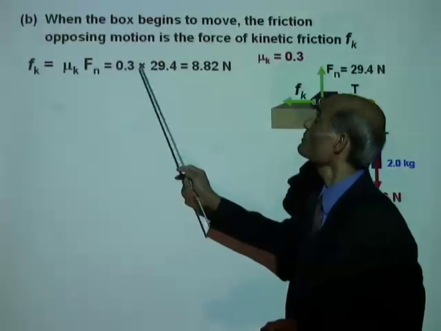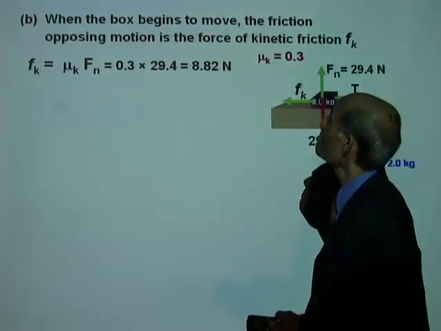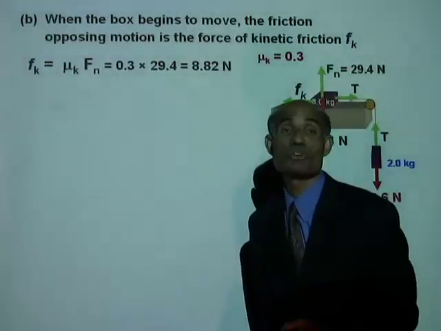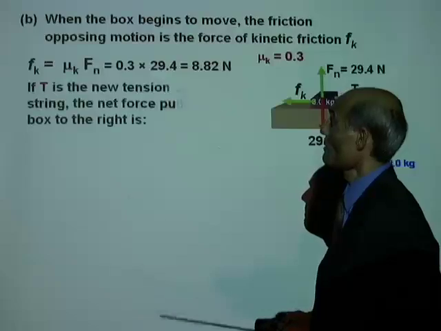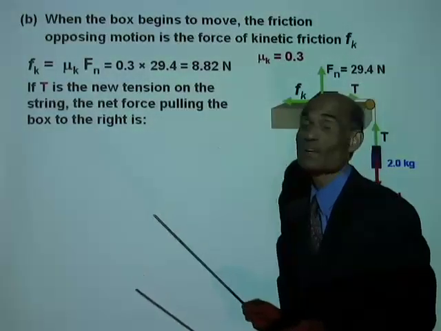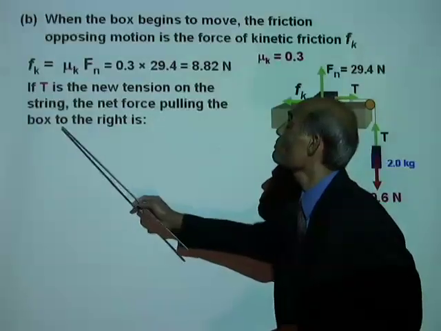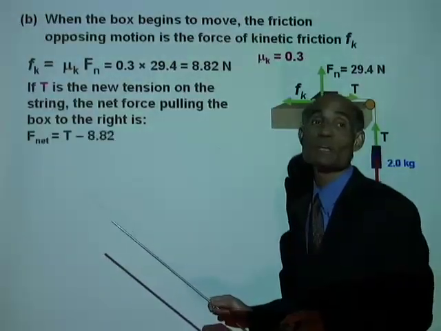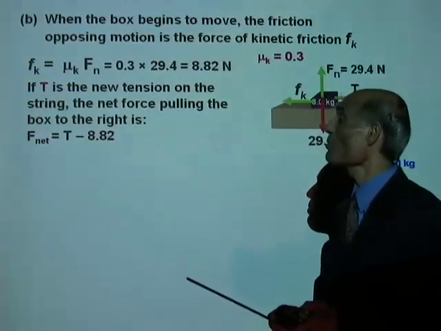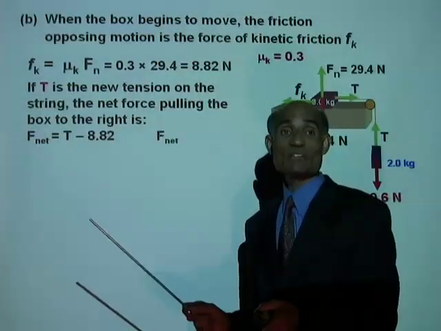That will be 0.3 times 29.4, that is 8.82 Newton. Well, if T is the new tension on the string, then the net force pulling the box to the right will be F net equals T minus 8.82.